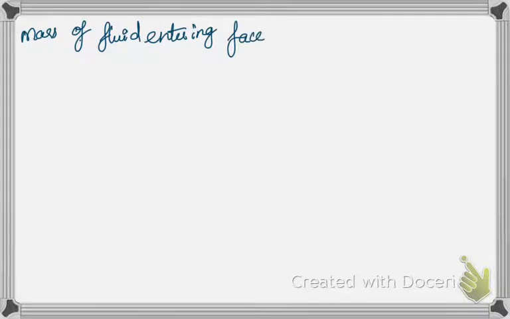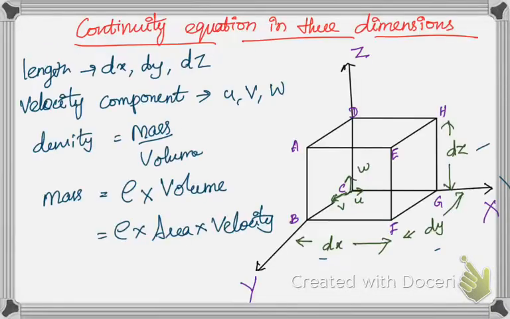Now, the mass of fluid entering the face ABCD. You can see the face ABCD here. Some fluid is entering into the face ABCD. So what is the mass of the fluid entering into the face ABCD? According to the formula, it is density into area into velocity.